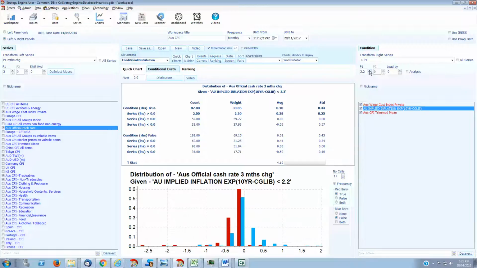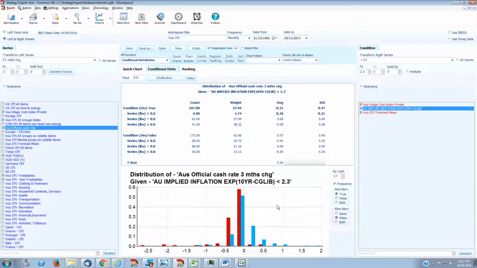But if I lift the threshold slightly higher, and we tend to use a threshold of around about 2.3%, so they're at the lower end of the band or through the band, then the T-stat improves quite measurably. The average decline in cash rates over a 3-month period is about 21 basis points. Almost 38% of the time we've seen declining rates over a 3-month period versus only 15% in all other cases, i.e. when implied inflation expectations are above 2.3.